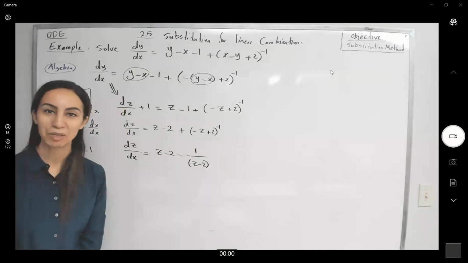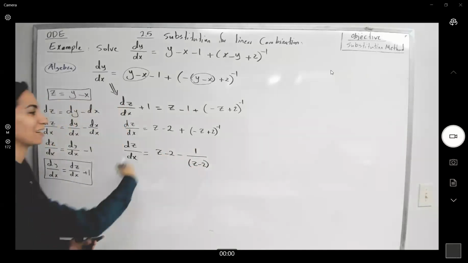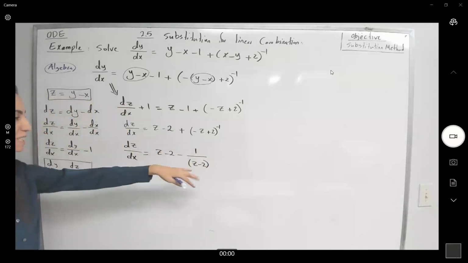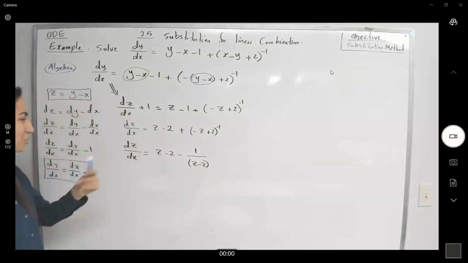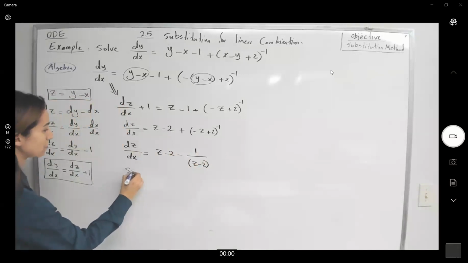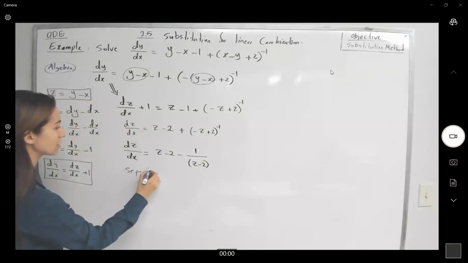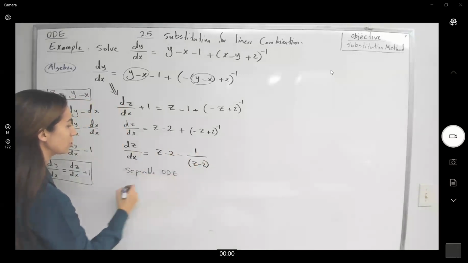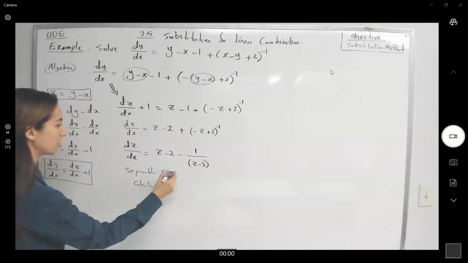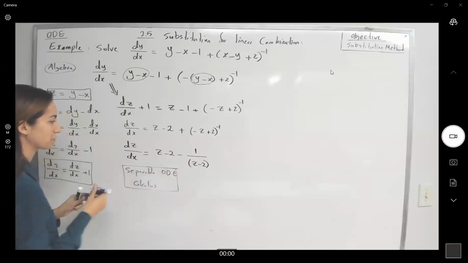Is this separable? Well, as you can see, you have z and the rest of the terms. On the right-hand side, there is no x involved. So of course, you can separate this differential equation. After doing algebra, now we are dealing with a separable differential equation. We have to apply calculus, taking the integral of both sides.